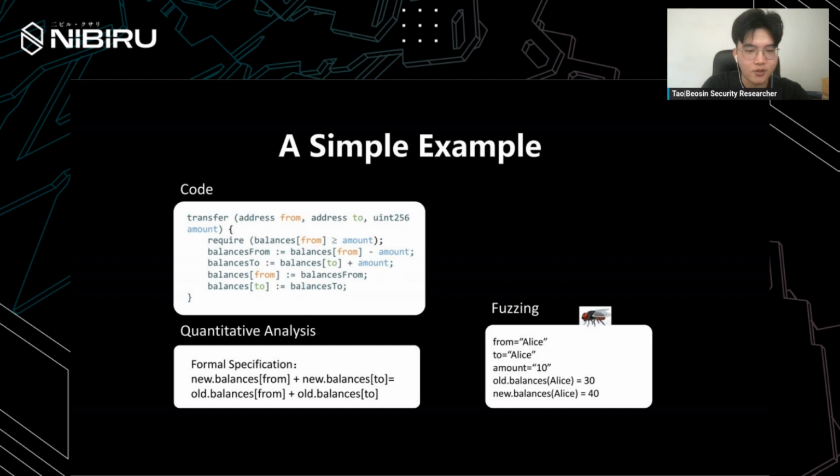That is, the new balance of the sender and the receiver will equal the previous total of the addition of the balance of the sender and the receiver. So that's the invariance, and if our code satisfies the invariance, then our code will be bug-free.